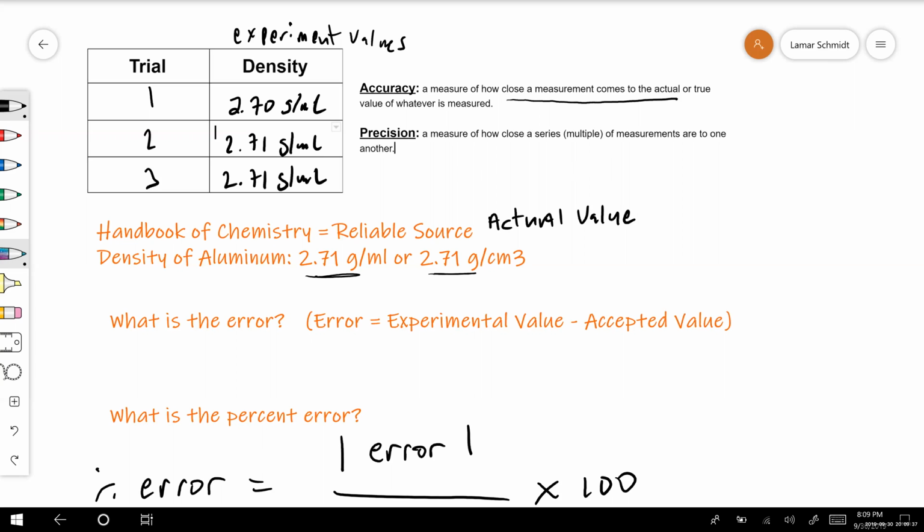And if I were to ask you about the accuracy or how close a measurement comes to the actual value, well, I have to compare my experimental values to my actual value to know this. So if my actual value is 2.71 and I look at my experimental values or an average of them, we would get something really close to 2.71 because we have 2.70, 2.71, and 2.71. So we would definitely say these are accurate.